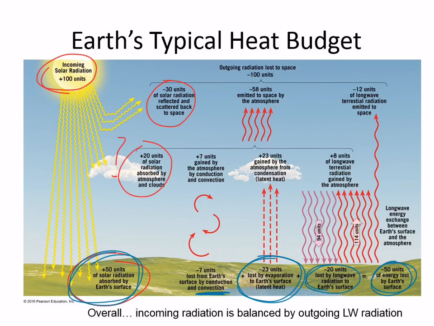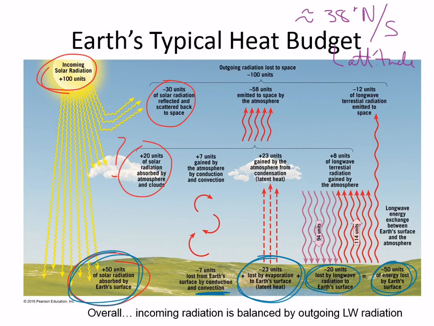Now, the last topic kind of qualifies this. I'll say a typical heat budget at about 38 degrees north or south latitude. Our energy budget is about what comes in and goes out.